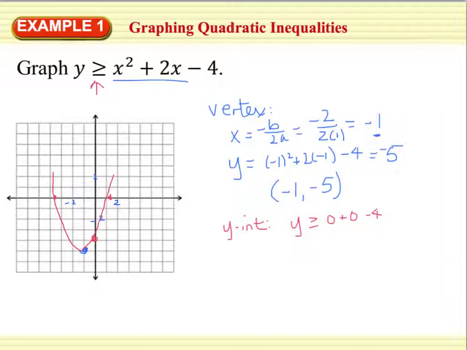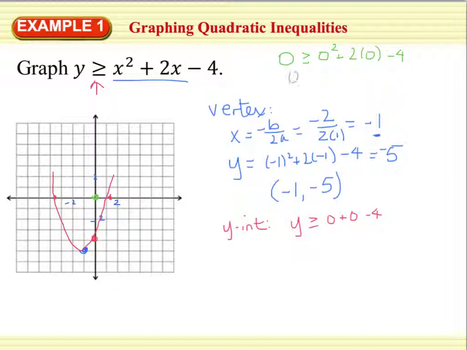The next thing I have to do is pick a point as a test point, which in this case is the point 0, 0, and I'm going to plug that into my original function. If I plug 0 in for y, is 0 greater than or equal to 0 squared plus 2 times 0 minus 4?